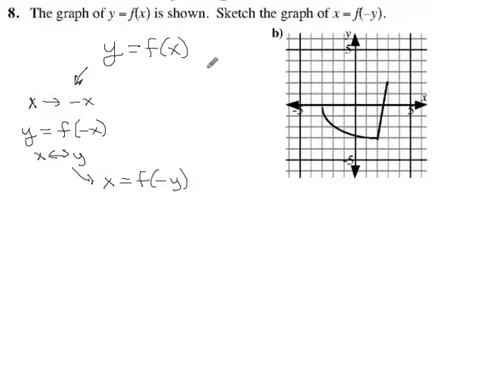Another way we could do it is to swap the x and y immediately. X and y swap. After we do that, we have x equals f of y. And now the last change we need here is a negative has to appear in front of the y. So where once we had y, we need negative y instead. And that path gets us to the same destination.